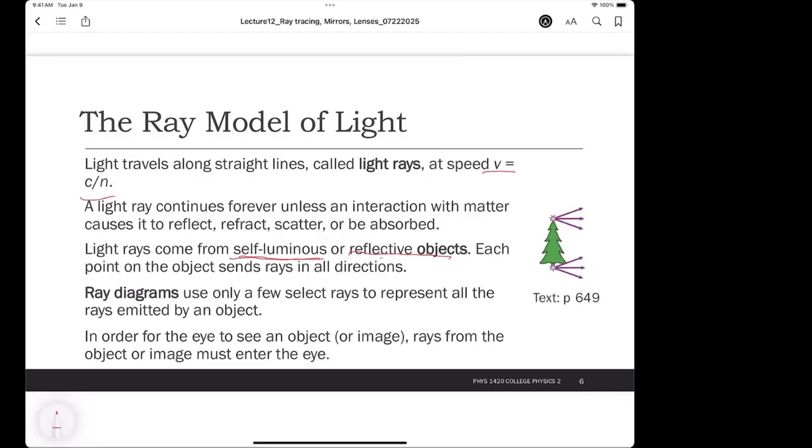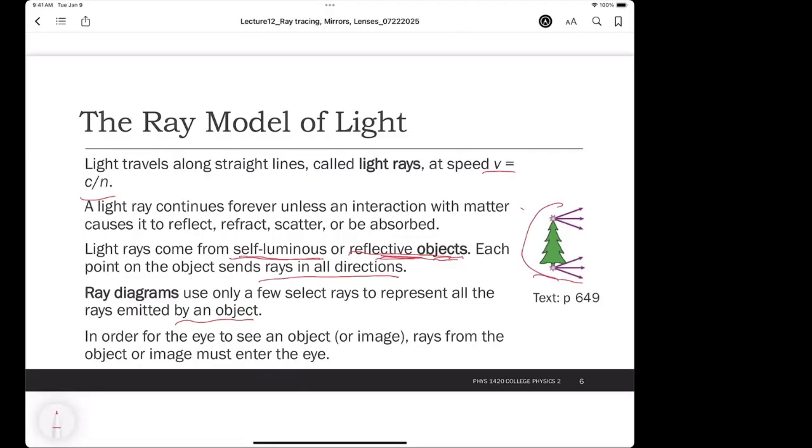And reflective objects cannot emit light themselves. They just reflect the light from other sources. Each point on the object sends rays in all directions. Ray diagrams use only a few rays to represent all the rays emitted by an object. For example, this is a ray diagram.